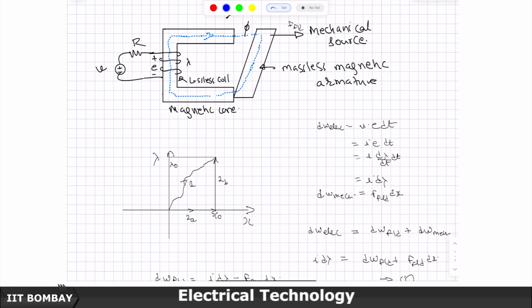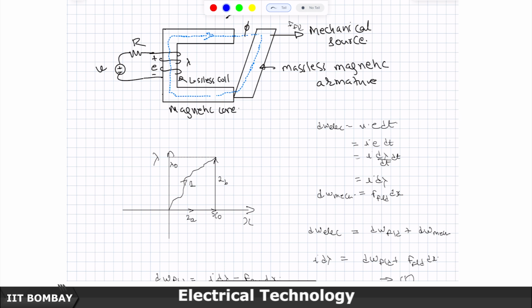I want to bring x to some default value x naught, and I want to bring lambda because I have this source. So, this is also I can control, and I can control this also because I have a mechanical source sitting here, I have an electrical source sitting here.